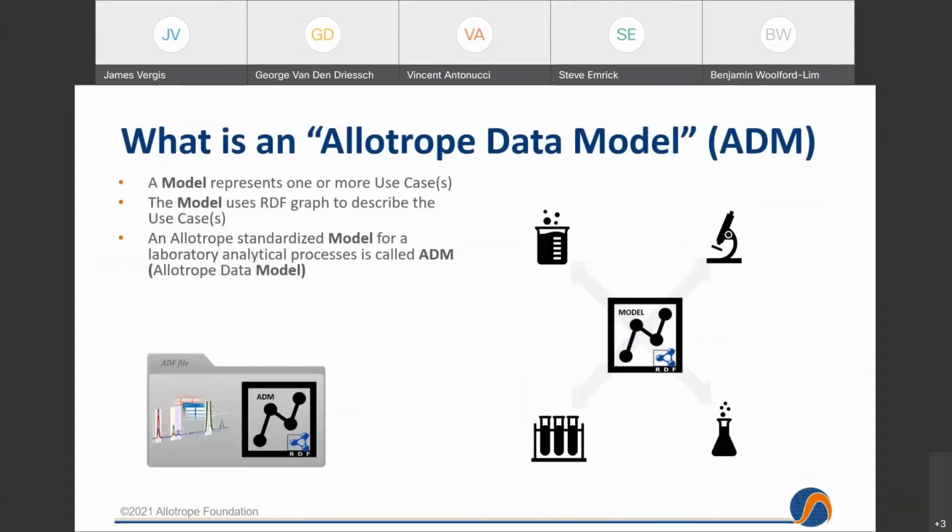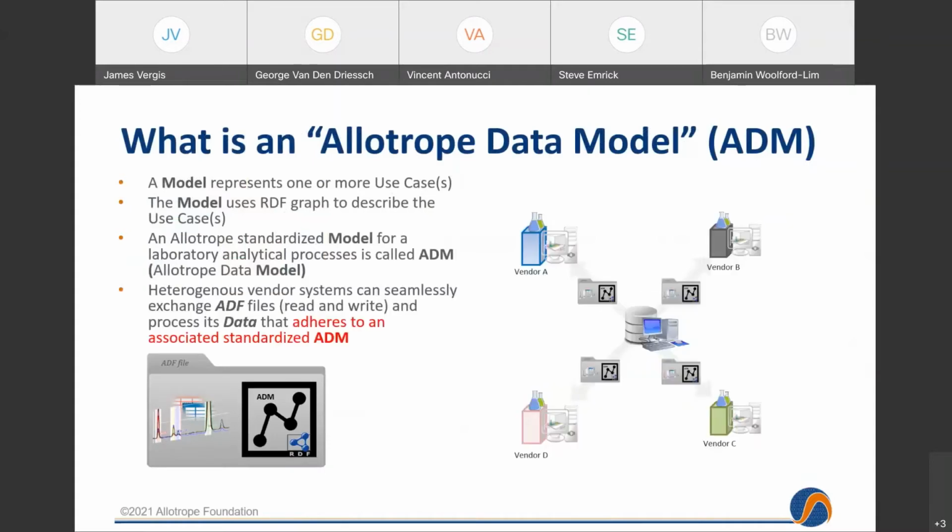You can then use that model to connect it with your data so that the entire lab process is described within a standardized file, such as an ADF, with read and write capabilities. And it's important to know that all of the data inside the ADF is described and interpreted with that ADM, with that data model.